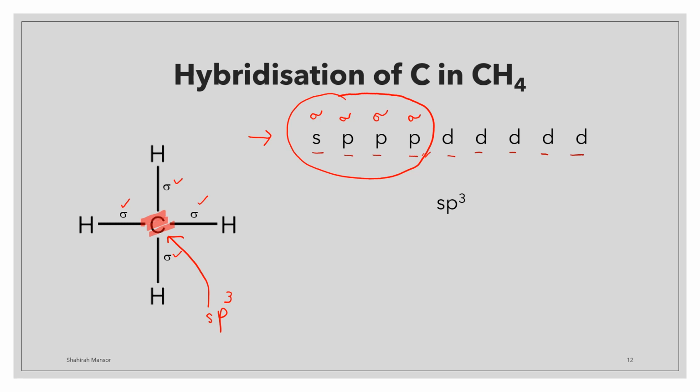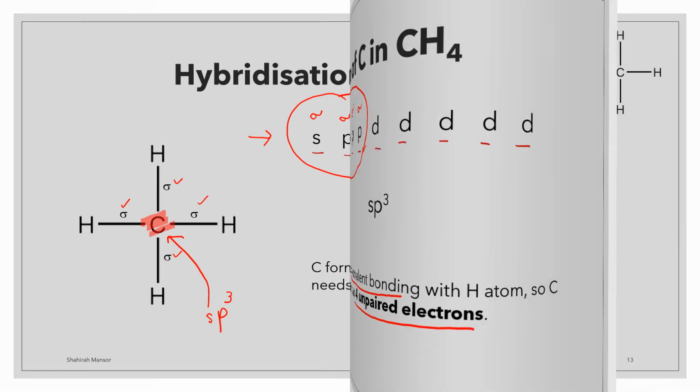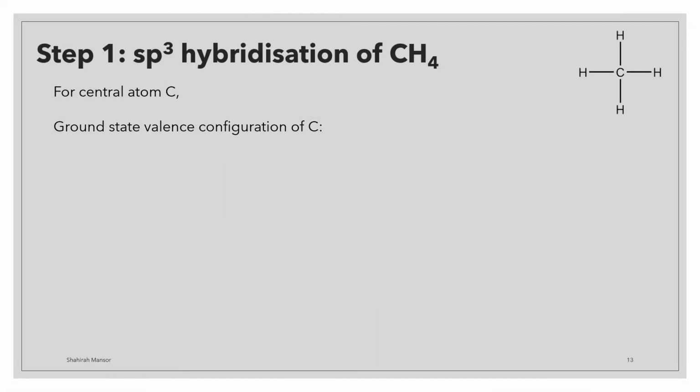So by looking at the Lewis structure di sini, kita akan dapati bahawa carbon will form 4 covalent bonding with hydrogen atoms. So maksudnya in order to form these 4 covalent bonding, carbon needs to have 4 unpaired electrons. Since we know that carbon will have sp3 hybridization, so let us see the ground state valence configuration of carbon atom dahulu. So in this ground state valence configuration, carbon has 2 unpaired electrons, okay, ataupun 2 single electron.